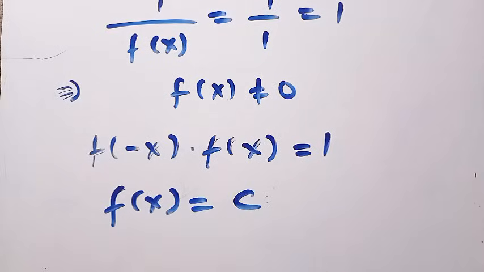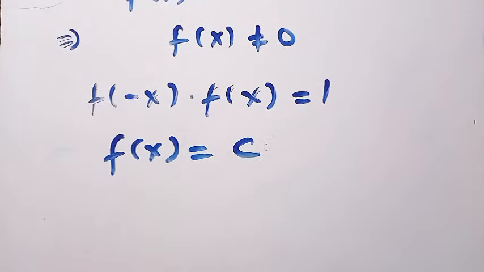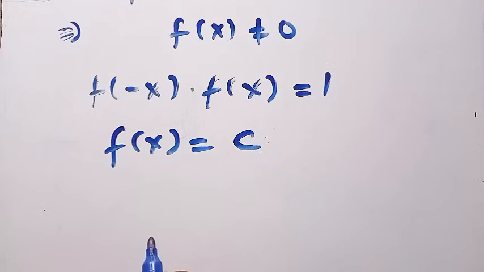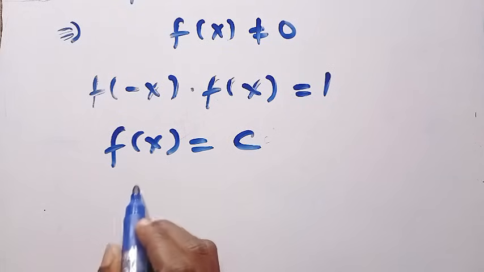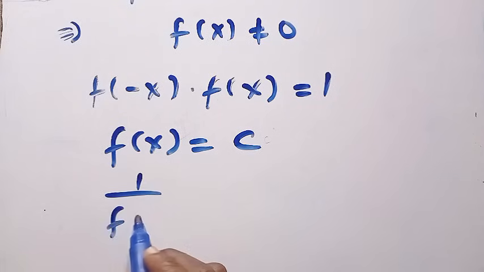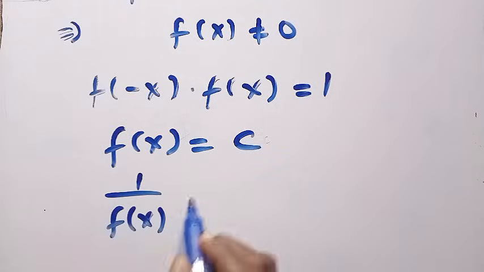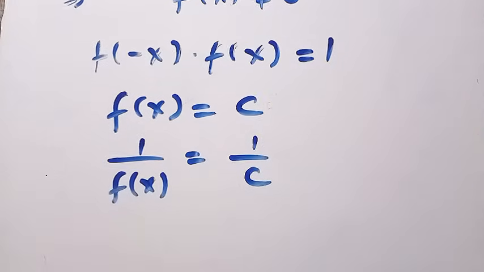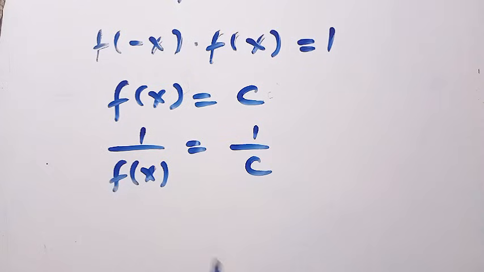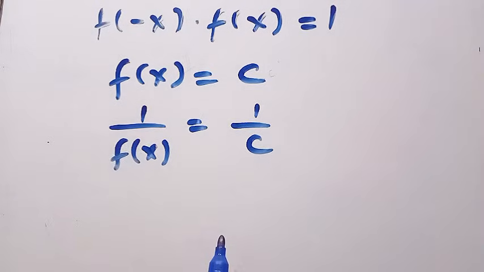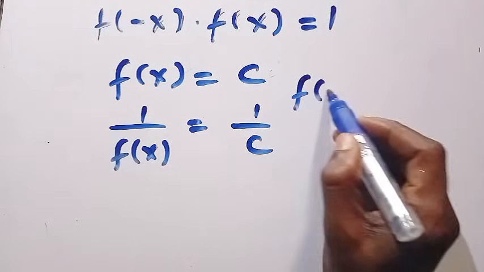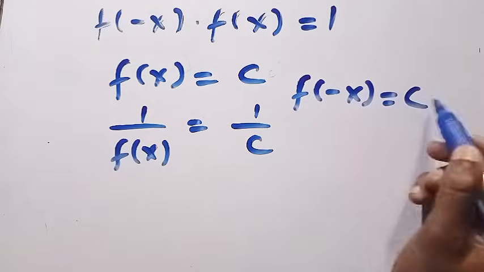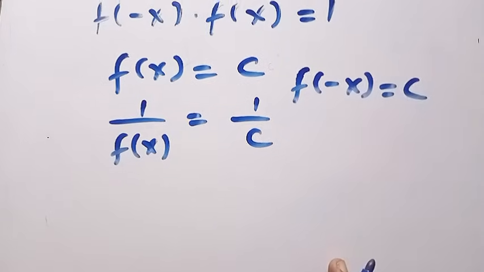In a general form of this, if I let f of x be equal to c, a constant, then we obtain 1 over f of x, which is 1 divided by c. And f of minus x is also c, which is a constant as well.